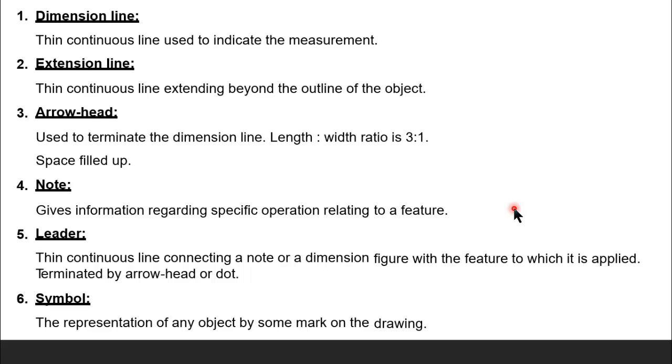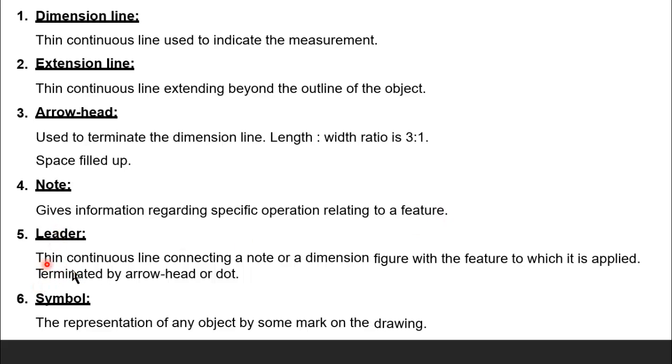Okay, this is the explanation of the dimension line. Go with the one sentence explanation. Dimension line: a thin continuous line used to indicate the measurement. Then extension line: a thin continuous line extending behind the outline of the object. Then arrowheads are used to terminate the dimension lines. The length and width ratio will be 3:1. Space is filled up, which means the arrow should be filled. Then note gives the information regarding specific operations related to a feature.